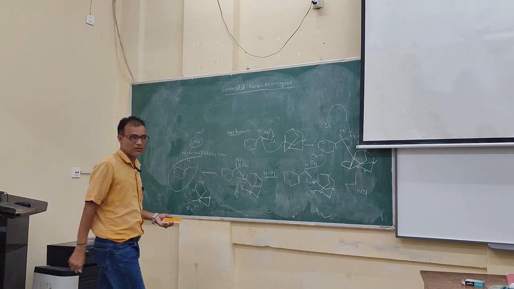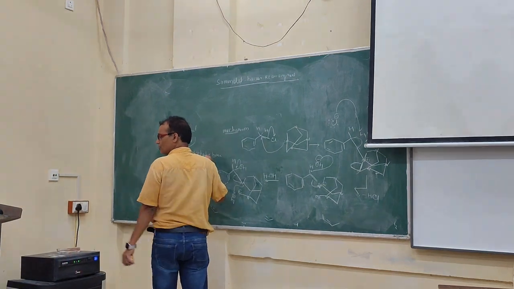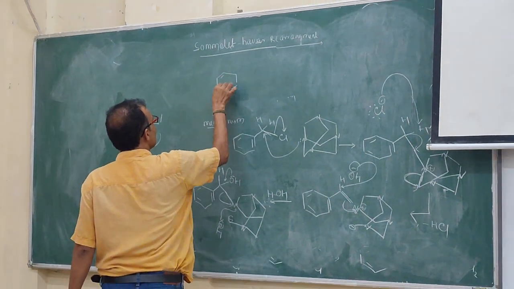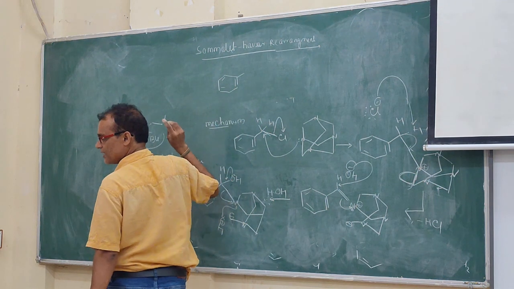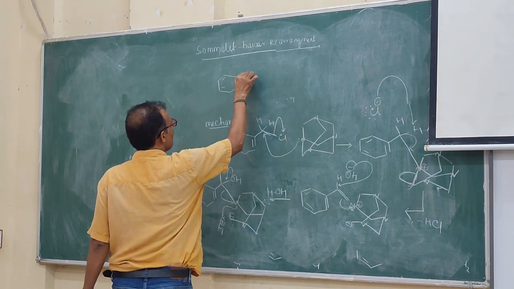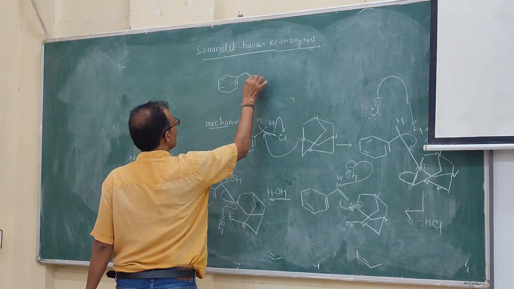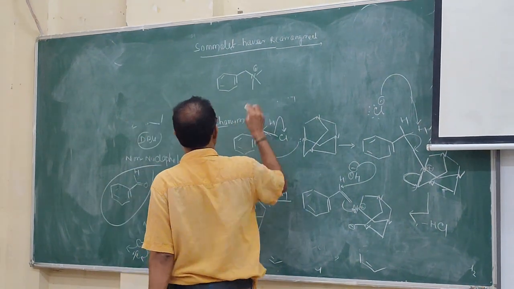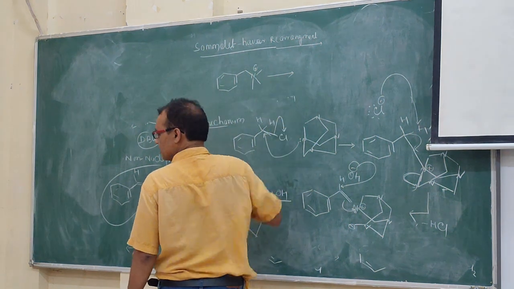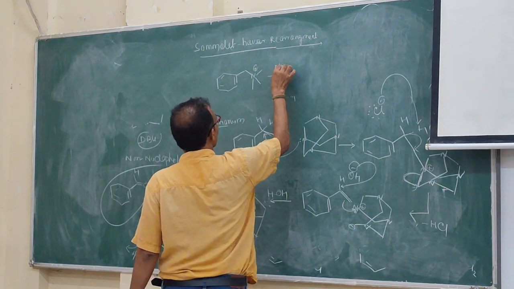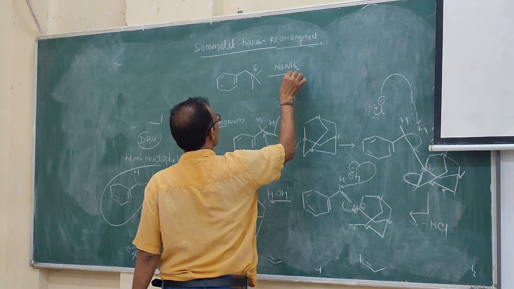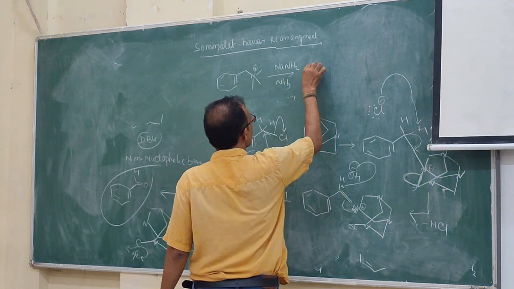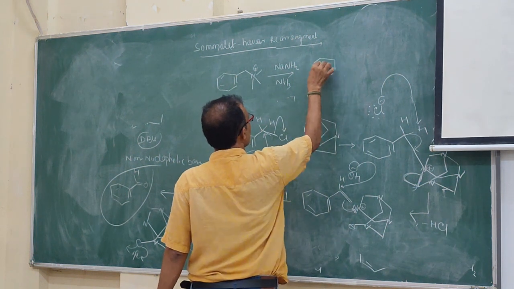But here, what do you do? If there is a quaternary nitrogen at benzylic position like this and this, okay, if you react with sodamide in ammonia, sodamide NH2 in ammonia, then this will be rearranged to this.